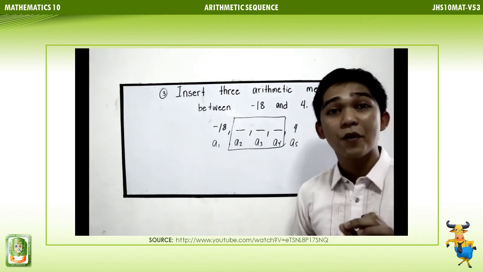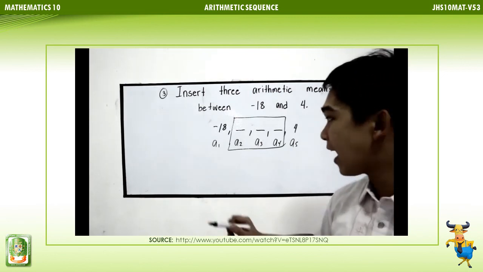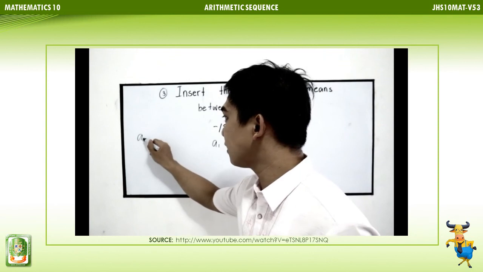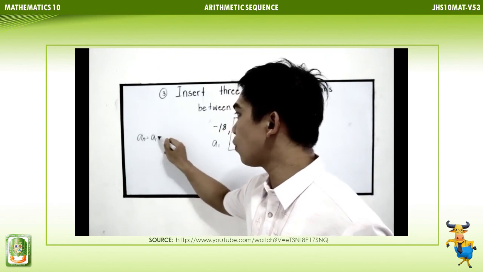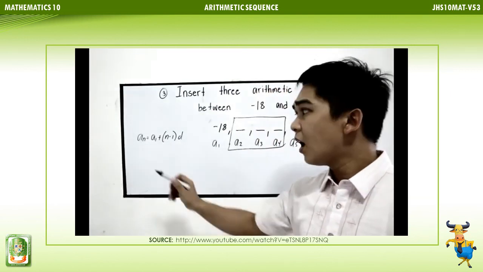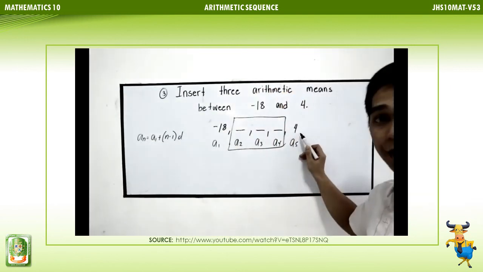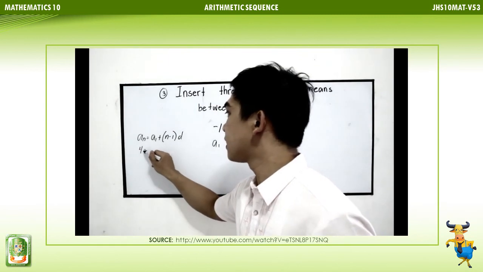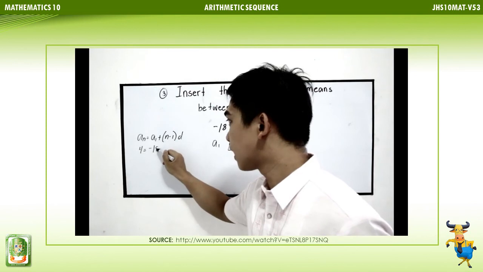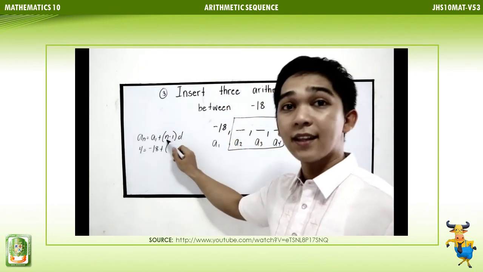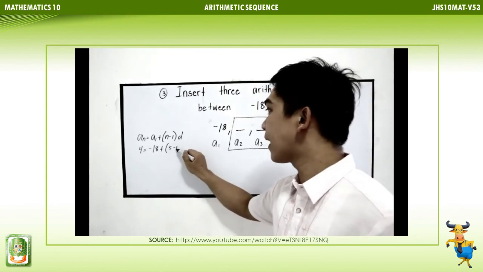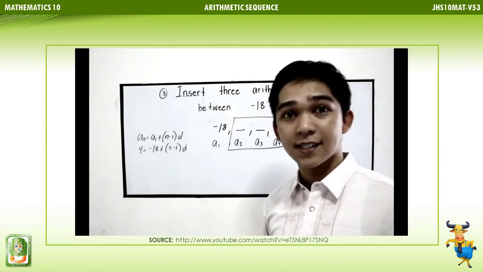Let us find the common difference using the formula for the sequence, AN is equal to A1 plus N minus 1 times D. Our last term is 4, equal to our first term, negative 18, plus N, which is 5 for the last term, minus 1 times the common difference.